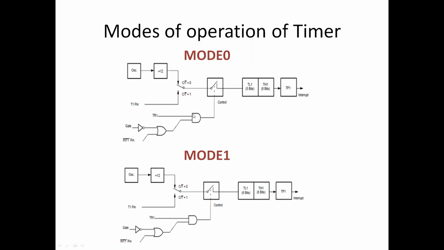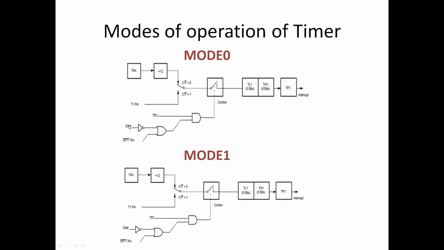This is an AND gate. So if this is 0, obviously it will be open. If this is 1, the other input also must be 1. If gate is enabled, both of these pins must be such that for this AND gate there is a 1.